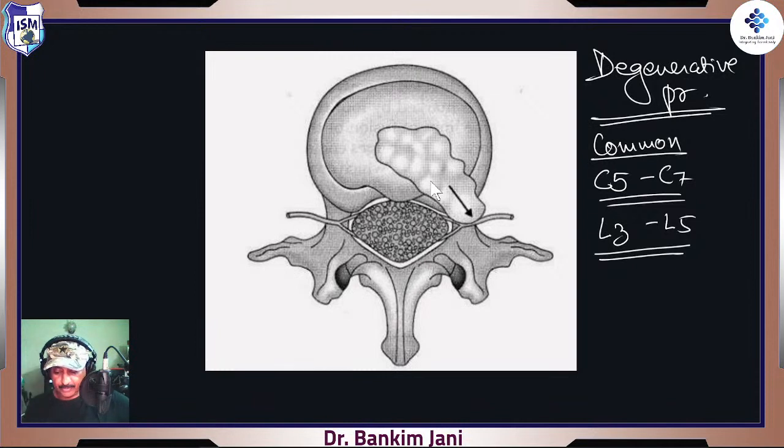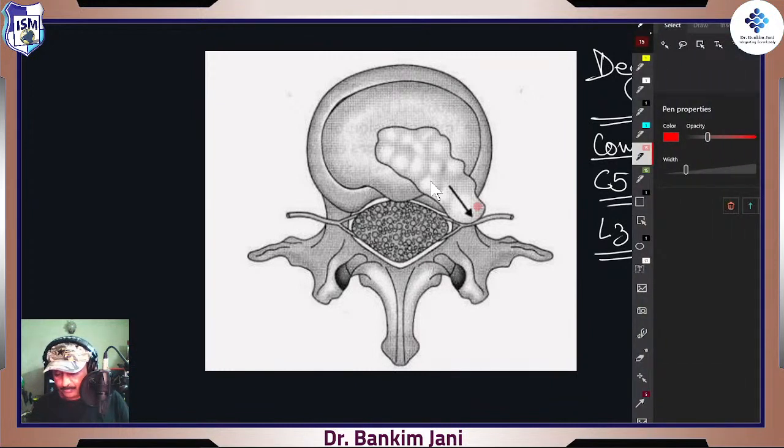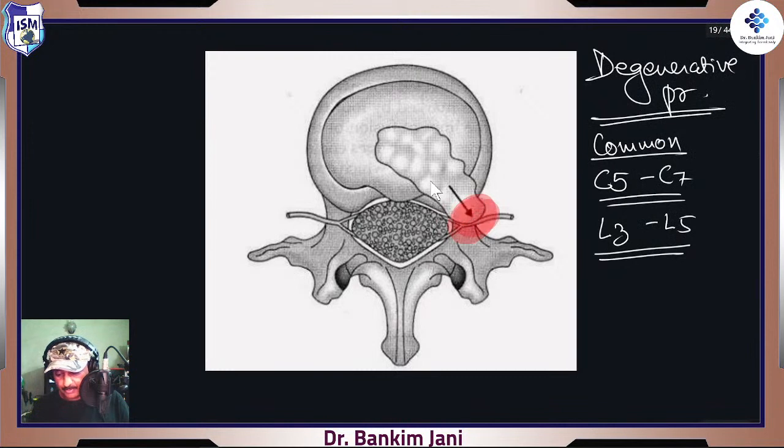Over here, when this disc is degenerated and it is compressing the nerve, initially the pain is high, because the disc is touching the nerve and irritating it, so that becomes painful.